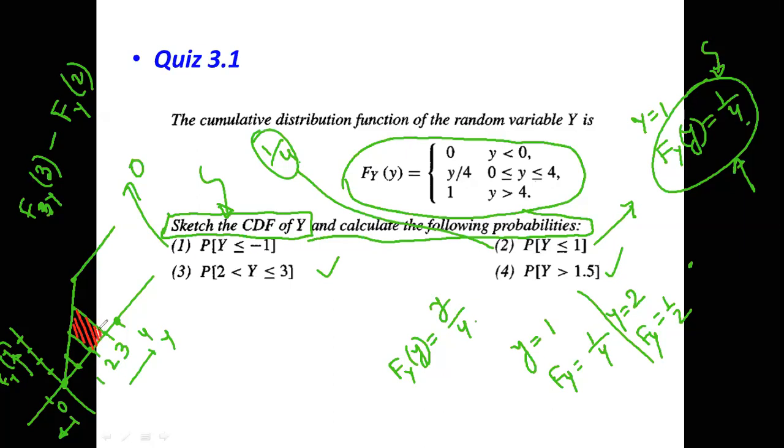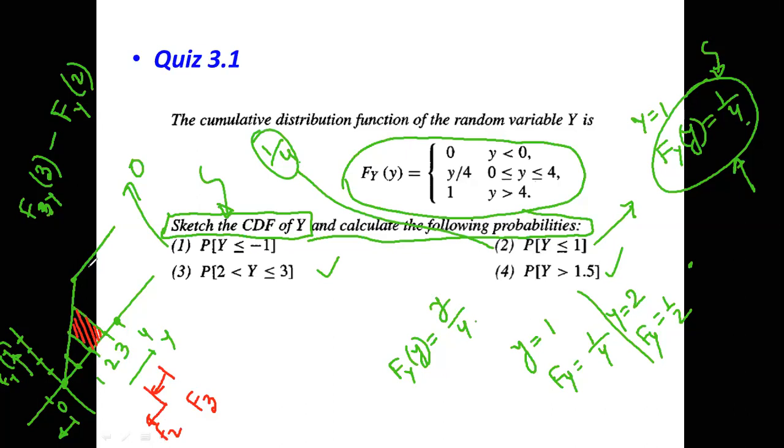If I'm talking about this area, F3 means the whole area, and F2 is this particular area.